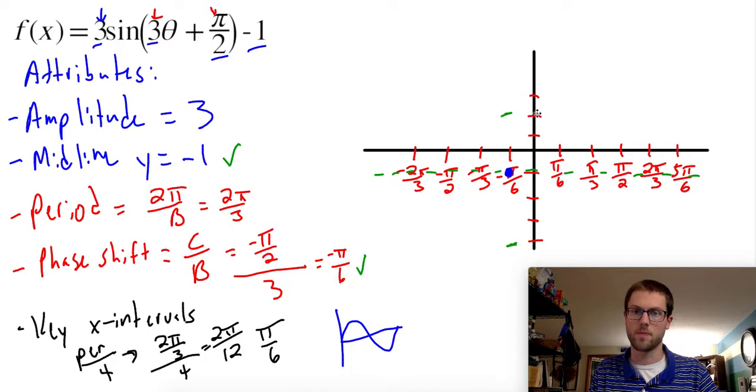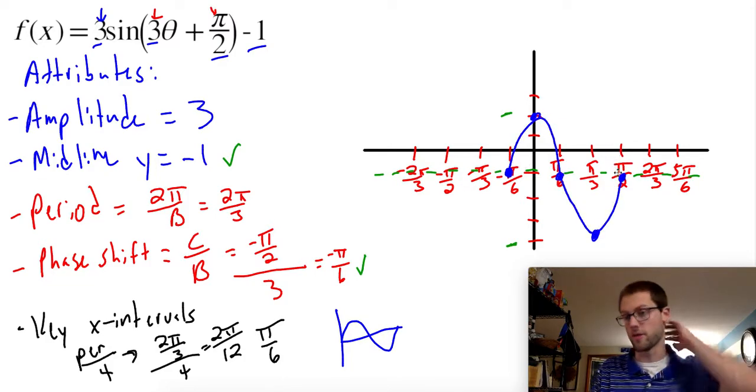So I'm going to go up to positive 2. I'm going to go back down to the middle. I'm going to go down to negative 4. I'm going to go back up to negative 1. And really this is one full period here. And I can connect this. And there's my one full period of 2 pi over 3.